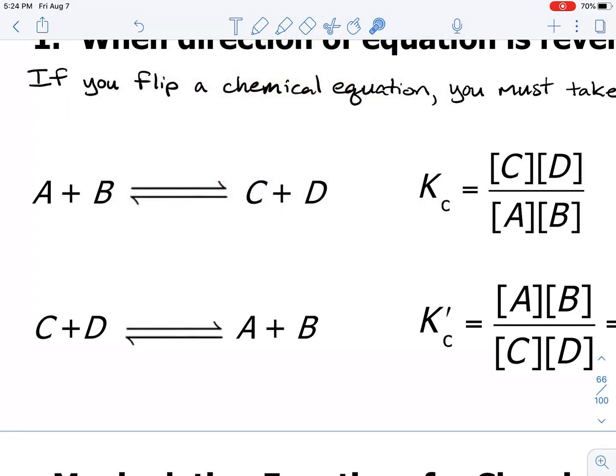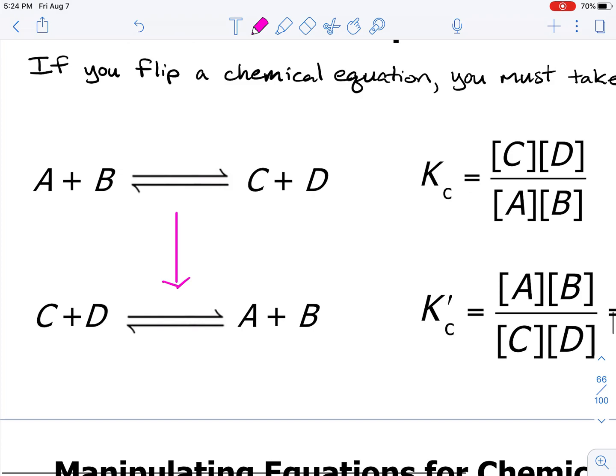Here we have reactant AB producing product CD. In our process of manipulating these chemical equations so that it looks like the overall chemical equation, we might have to flip some chemical equations such that product CD now becomes reactant CD and reactant AB now becomes product AB.